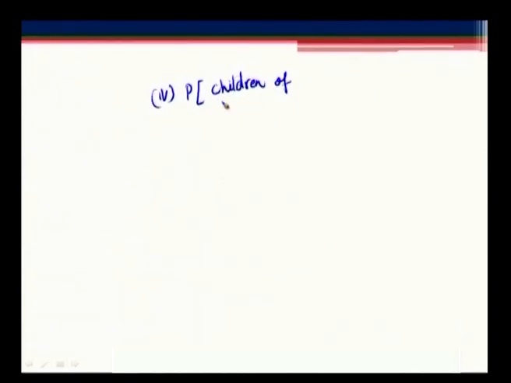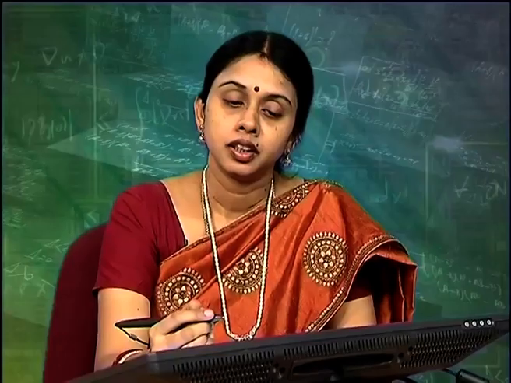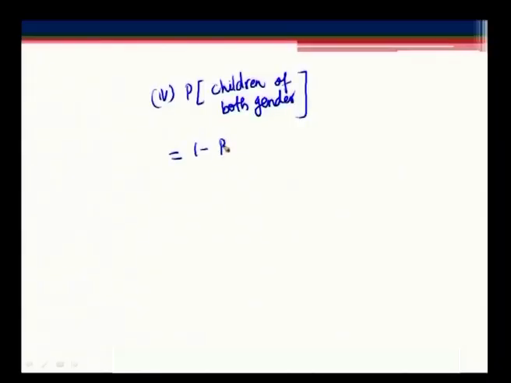Fourth subdivision is probability of children of both gender. That is the combination of girls and boys should be in the family out of 4 children. So, this is equal to 1 minus probability of children of the same gender, isn't it?